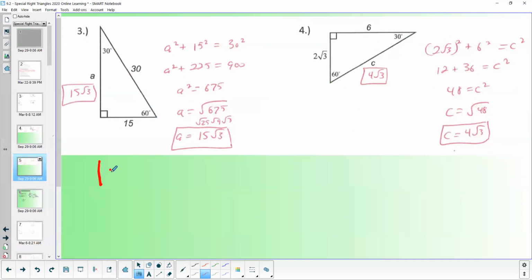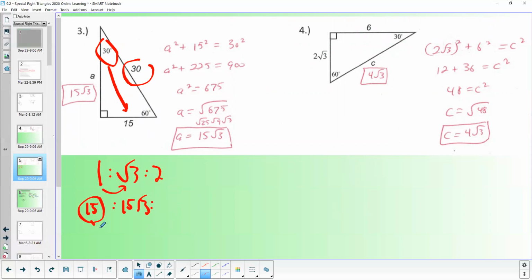We will use the ratio 1, square root of 3, and 2, and we will notice that the side that's across from the 30 is 15. And so if we follow the pattern, the side that's across from the 60 will be whatever this is multiplied by root 3. And then the hypotenuse will always be whatever this side is multiplied by 2.